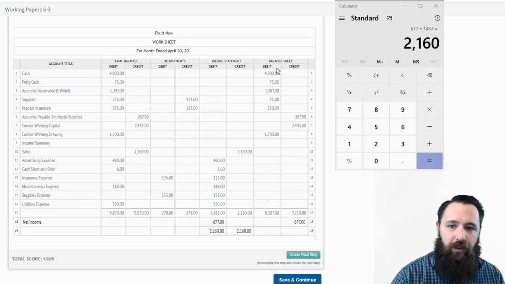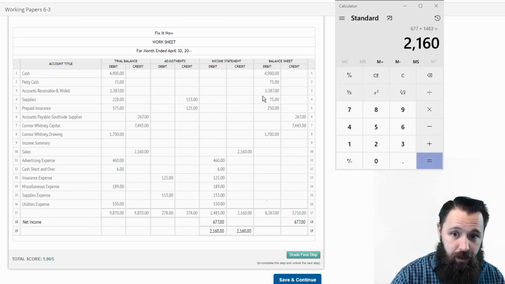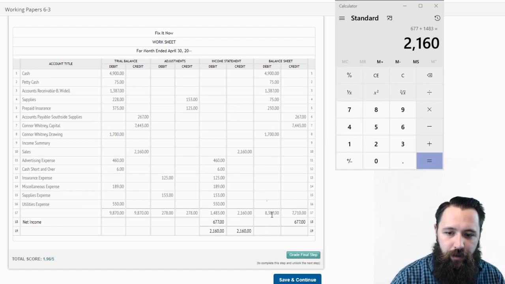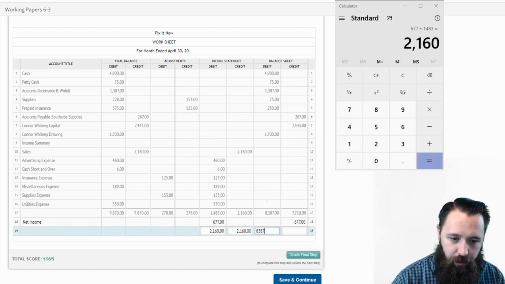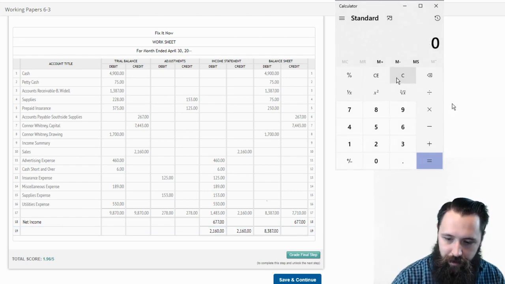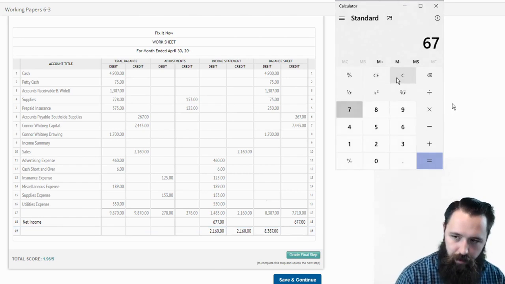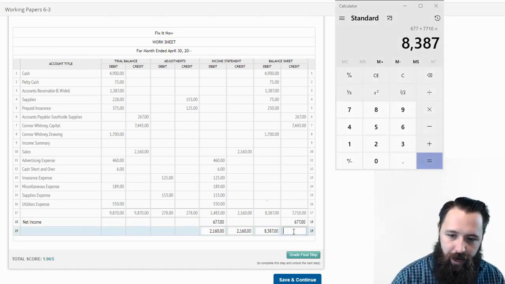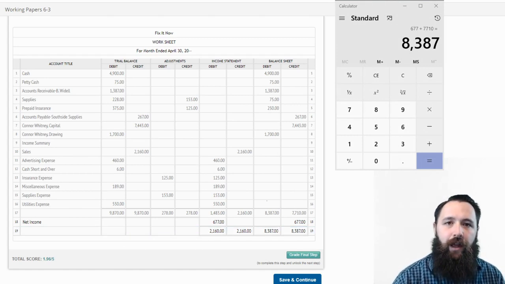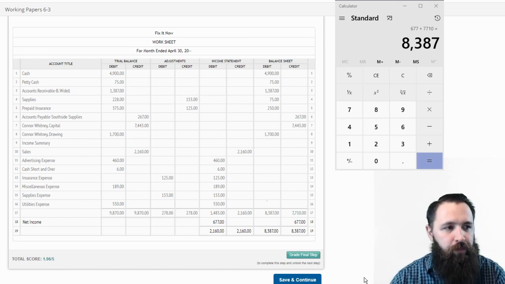Now over here on our balance sheet, our debits is going to be 8,387. And now I'm going to add 677 plus the original amount of 7,710, and it's going to be 8,387. There we go. Now I'm going to draw two lines underneath that to show that they all equal each other.